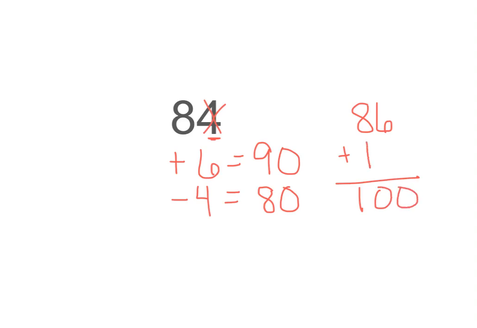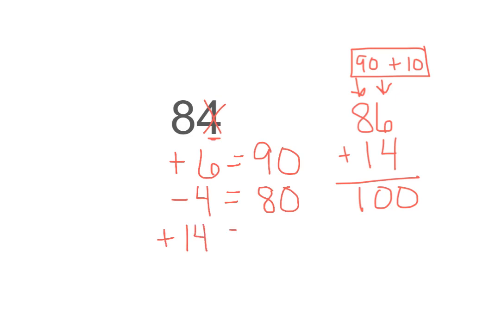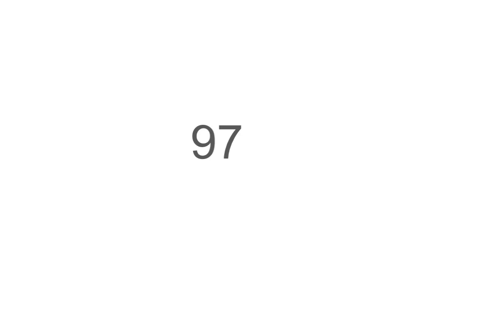And that would be 16, because 80 plus 10 equals 90, and 4 plus 6 equals 10. So it checks out, so we could add 16 to get to 100. For most numbers, there are 3 different things you can do that are easier.